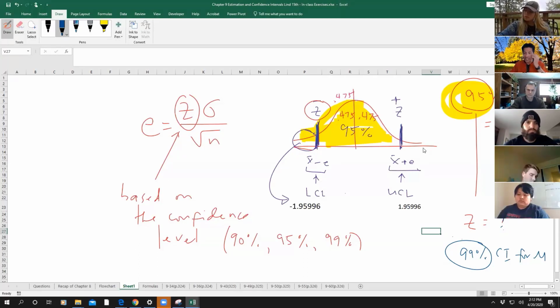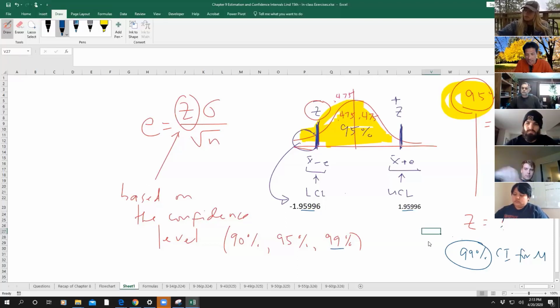So what that tells you is that the z-score associated with the 99% confidence level will be a number that is more negative than this and more positive than this. Okay? So try doing it on your own and give me the z-score associated with the 99% confidence interval.